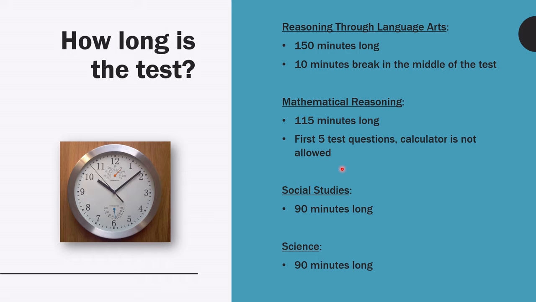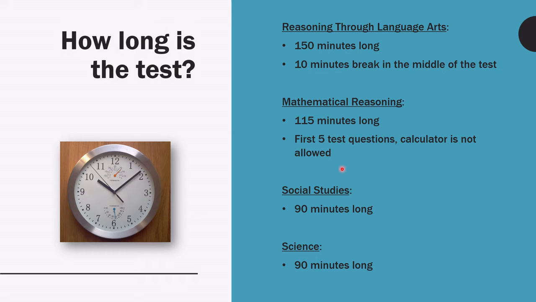Each of the sections has a specific amount of time, but altogether they add up to 7.5 hours. On one test you're going to take a 10 minute break, and on the other three tests you will not have a break.